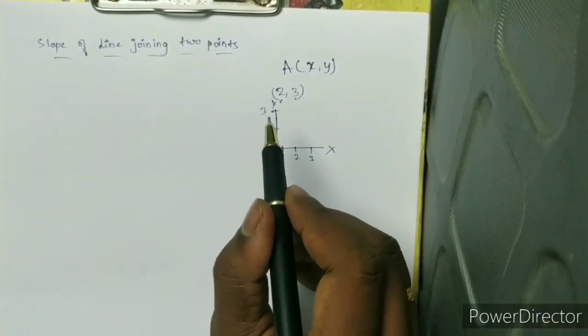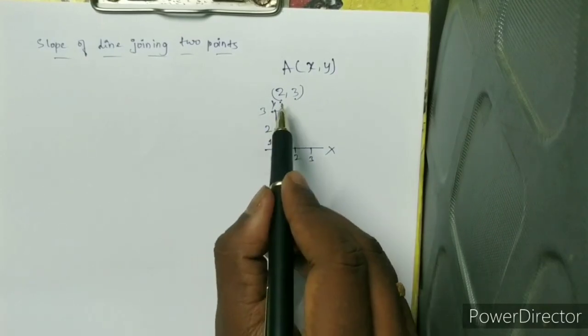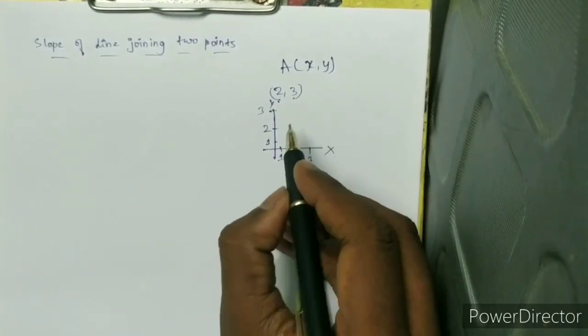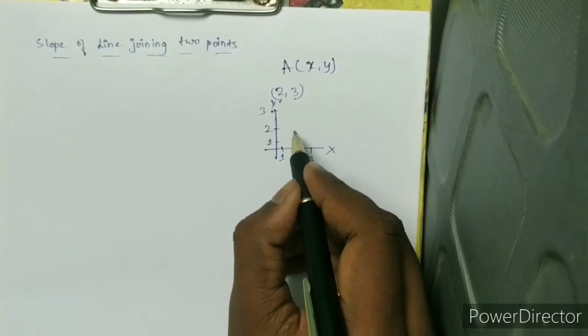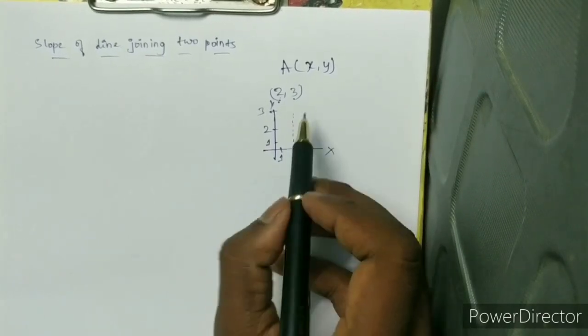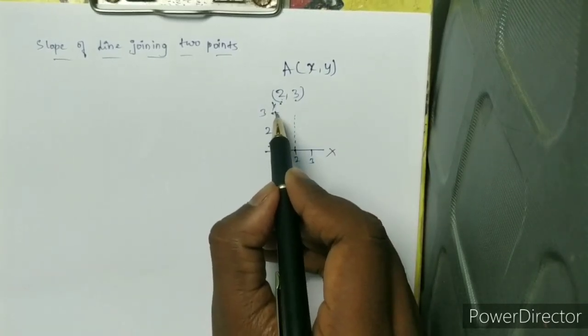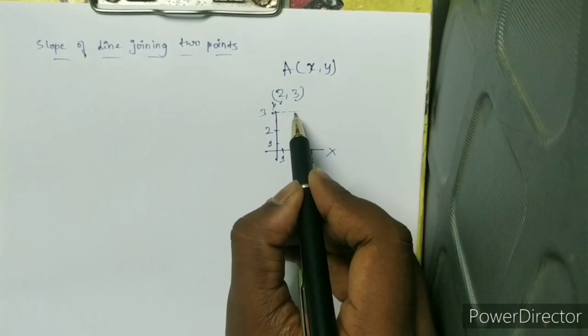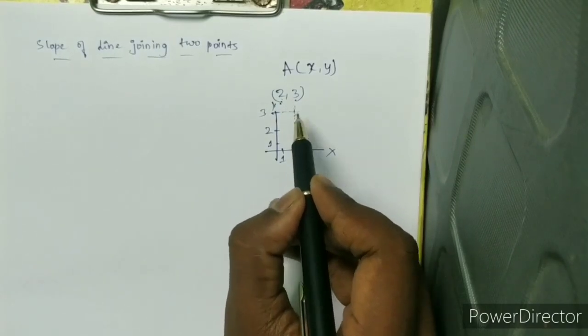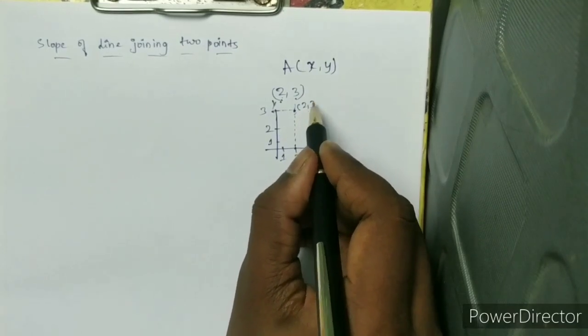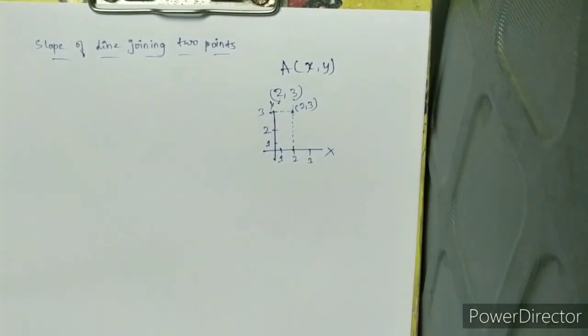If I have to plot this point here, first I have to see 2 in x, so the point is going to be somewhere here. Then I have to see 3 in y, so the point is somewhere here. At the intersection of these two lines, the point lies here, that is 2, 3. This is how a point is mentioned in the coordinate system.